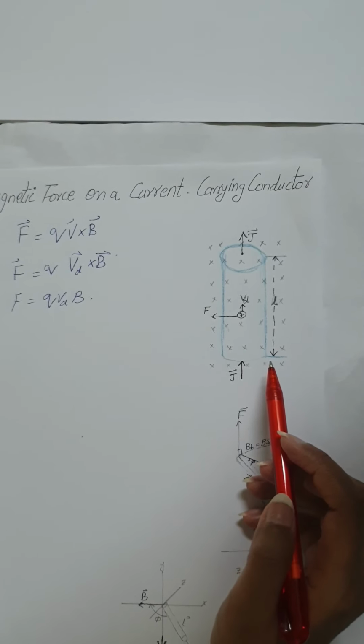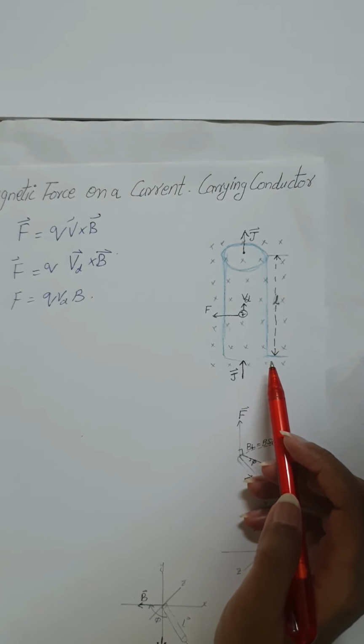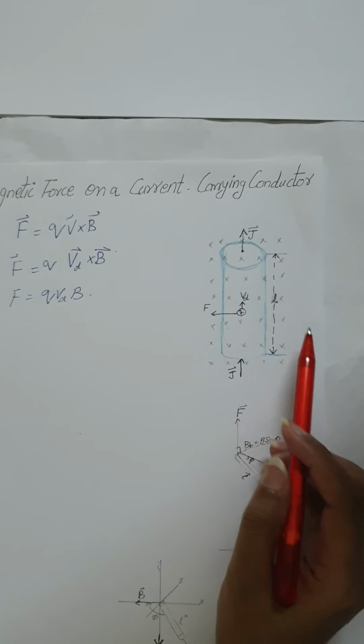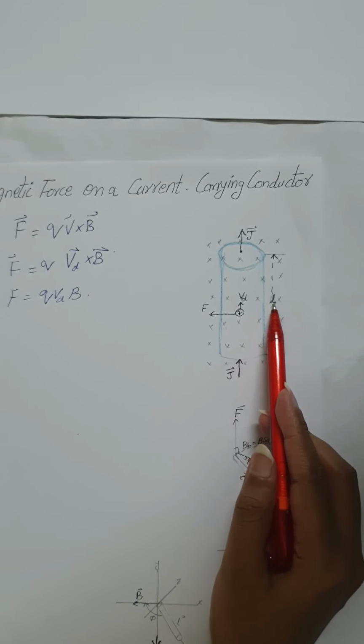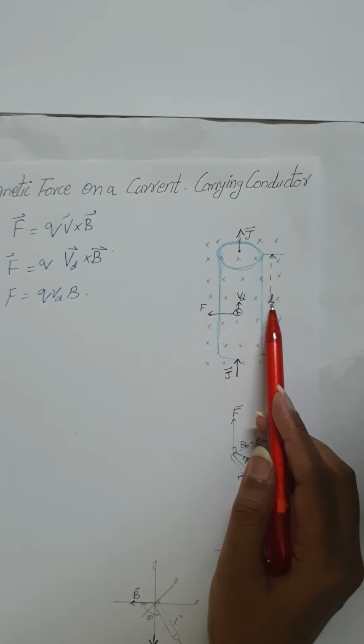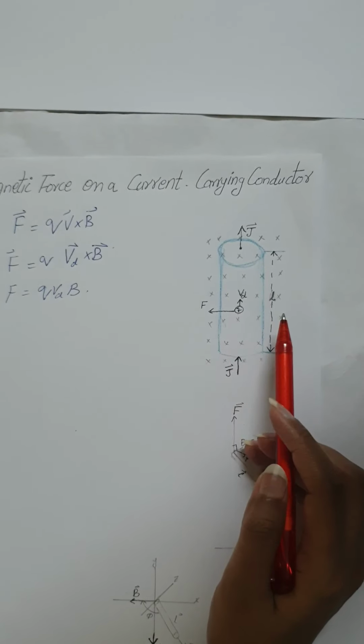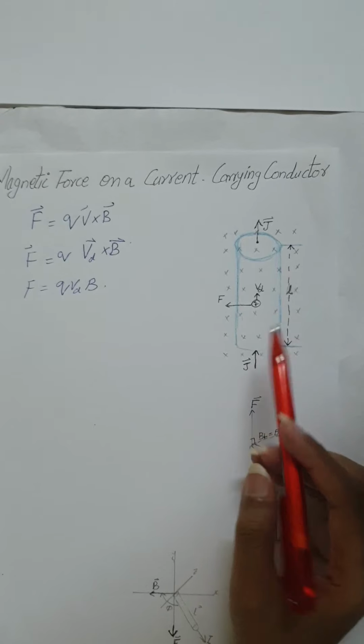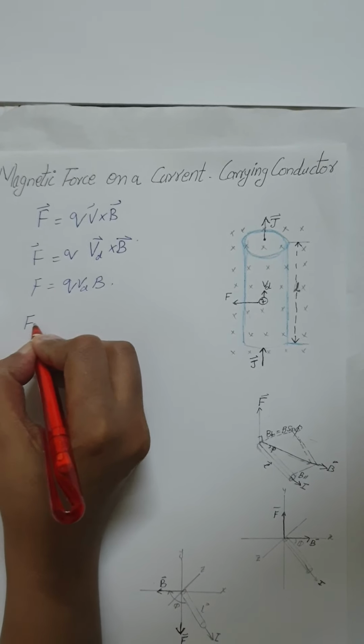So the number of charges per unit volume is n. A segment of conductor with length L has volume A L and contains a number of charges equal to n A L. So the total force on all the moving charges would be F.